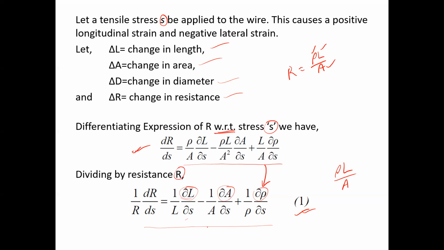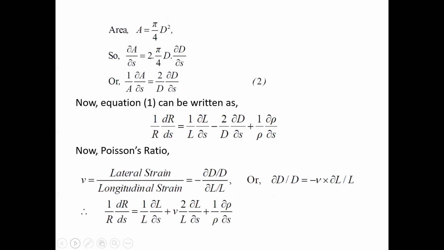So this equation is further going to be modified with respect to the change in diameter, because as shown in the next slide, the area can be easily represented in terms of the diameter.